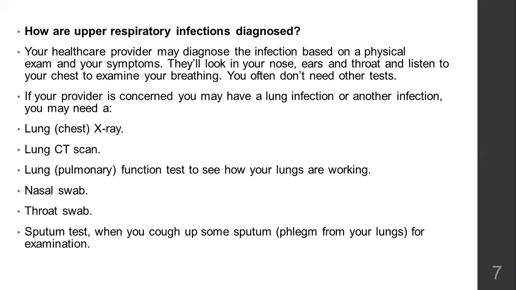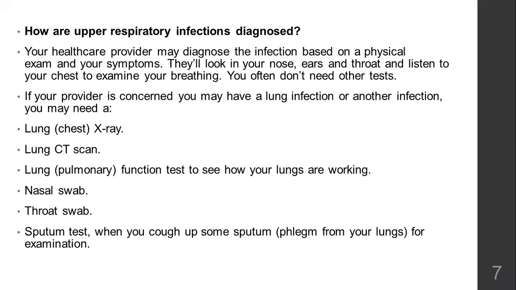PFT, pulmonary function test, is to see how well your lungs are working. For people who have asthma or bronchitis, pulmonary function test is done to see the breathing capacity of the lungs.